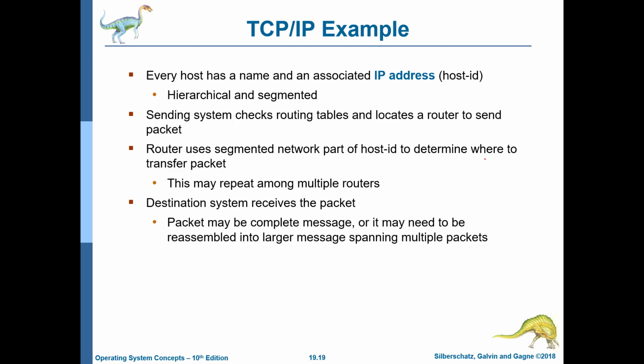So let's give a better example of a TCP/IP communication. What we have seen is that every node has an IP address which is both segmented and hierarchical. So if we want to send a message from the sending node S to the receiving node R, then for the receiver's IP address, it will check what are known as routing tables, which essentially indicate, for some part of the address, where to send the message next.